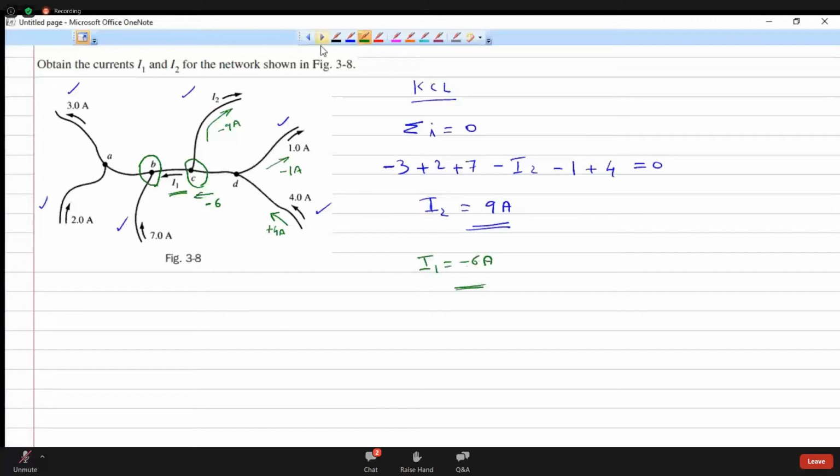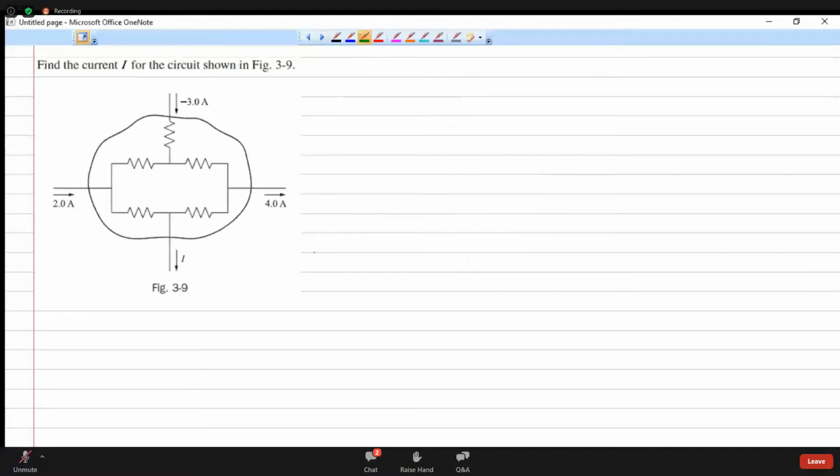If there is no doubt, we can move to the next problem. Find the current I for the circuit. I is this current that is flowing out. Again, which rule do we use? KCL, right? So sigma I is equal to 0.